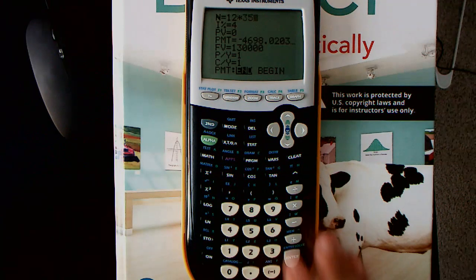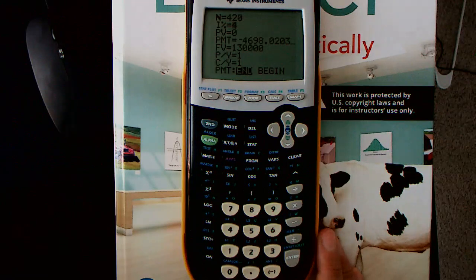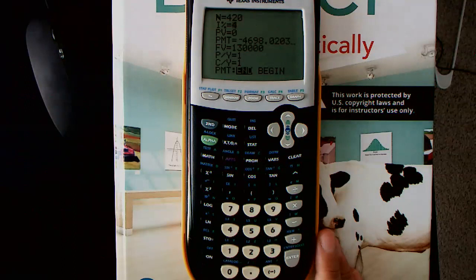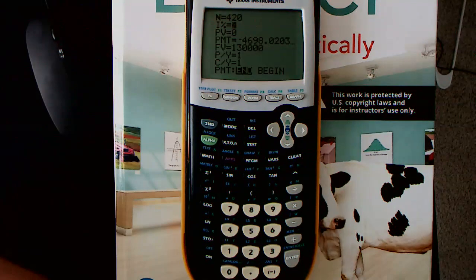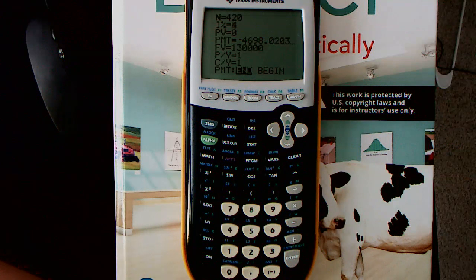So you don't even have to calculate that, the calculator will do that for you. So 12 times 35, 420. Over the longevity of the annuity, you are going to deposit 420 payments, and that number is also the number of times the interest is compounded over the 35 years.